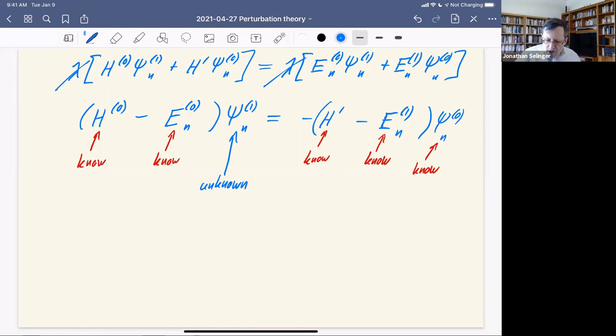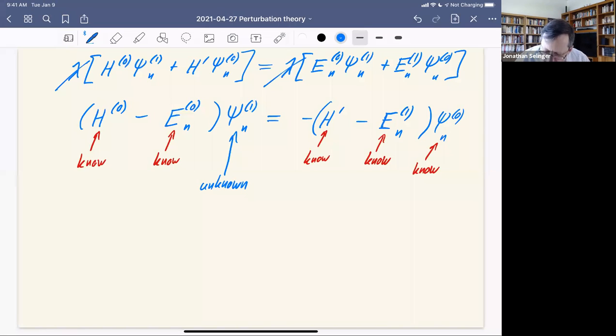So how can we solve to find this thing? Well, the trick is that we can express this function as a sum of the old energy eigenstates. How do I know that? Because we can express any function as a sum of the old energy eigenstates. The old energy eigenstates are a basis for Hilbert space. We can express any vector in Hilbert space as a sum of those basis vectors.